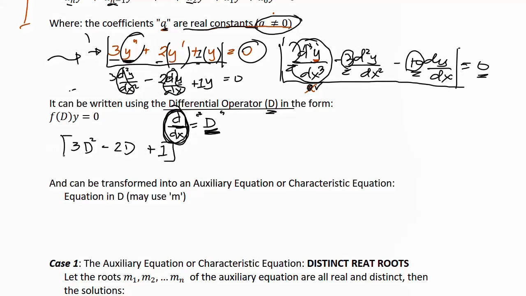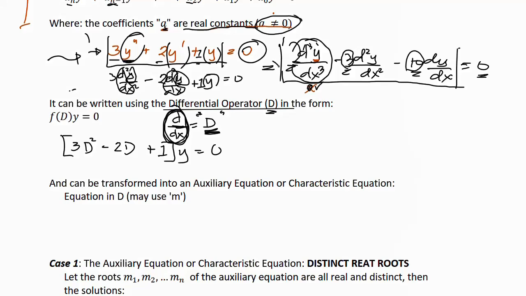And that is being applied to y, it is equal to 0. So this is how we can write this equation using the differential operator D.